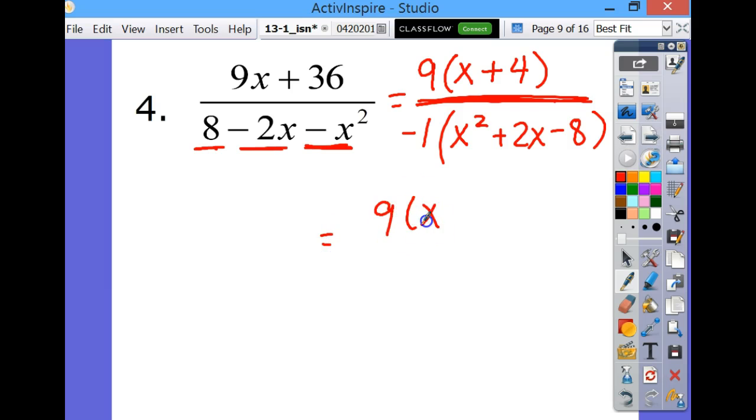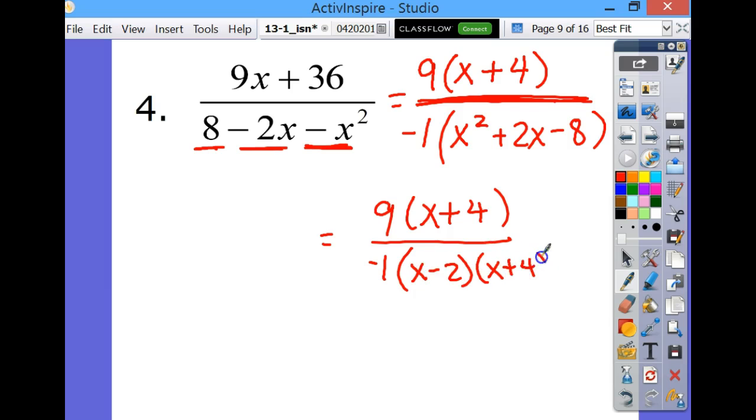This will be x plus 4 on top. We have a -1 on bottom, and this factors into x minus 2, x plus 4. If you can fit it all in your notes, great, but that's what that extra piece of paper is for if there's not enough room. This cancels out.